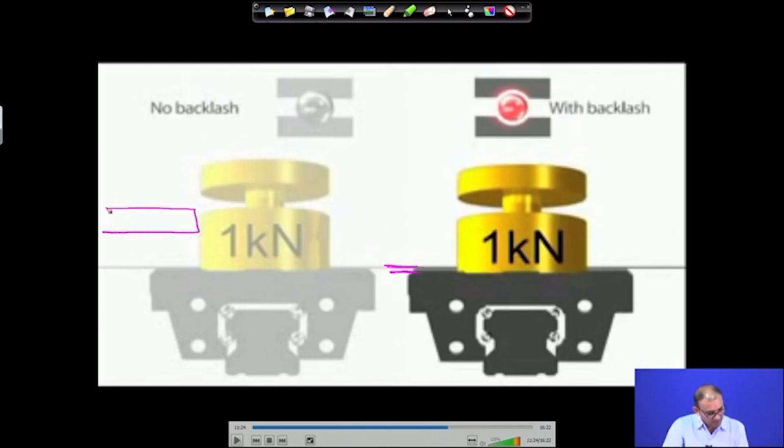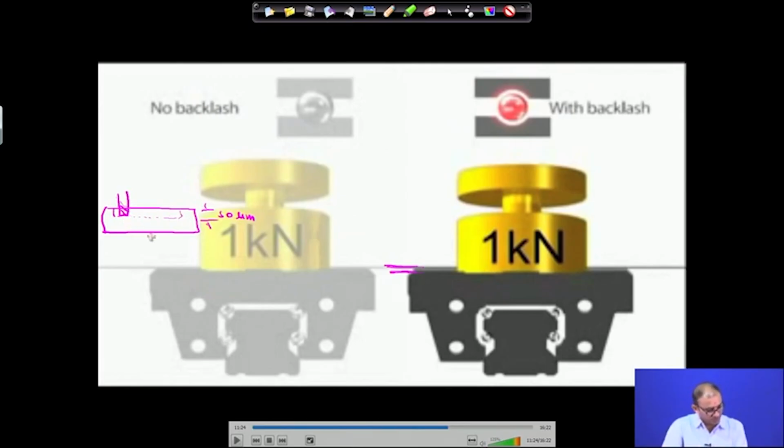Consider again the same example, where you want to cut a slot, and this particular depth is 50 micron. Because of this problem, your workpiece will go down. Now consider your tool's initial position is this one, and you have given 50 micron of depth to the tool.